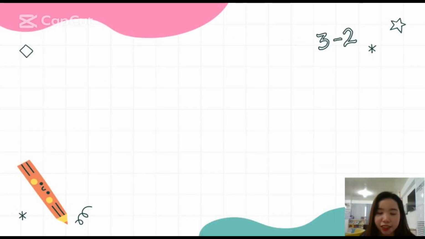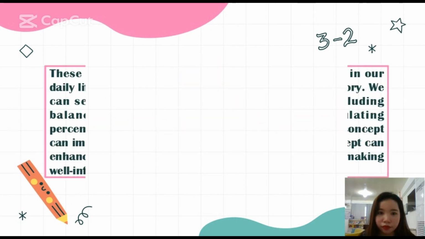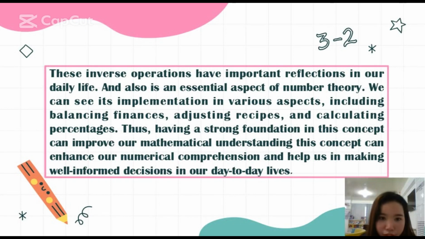I will discuss the reflection. These inverse operations have important reflections in our daily life. It is also an essential aspect of number theory.